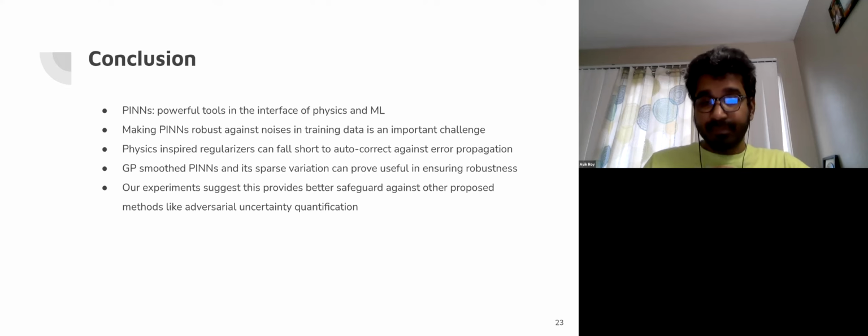Our experiments suggest that we can provide better safeguards against error propagation, and also better uncertainty quantification, compared to other techniques that solely rely on neural network based estimation, for example adversarial uncertainty quantification.